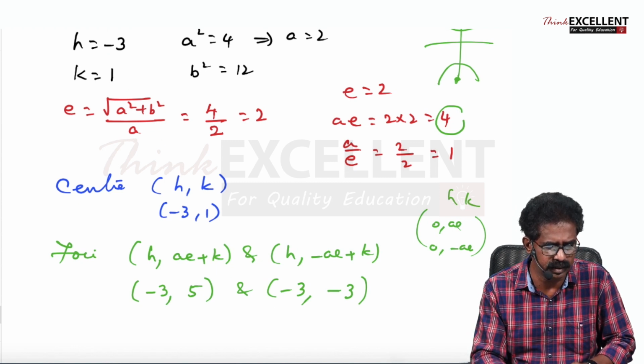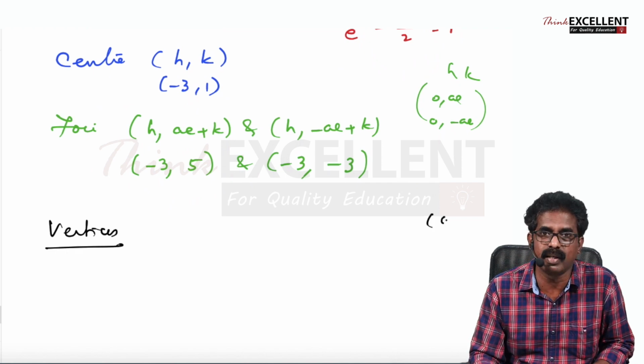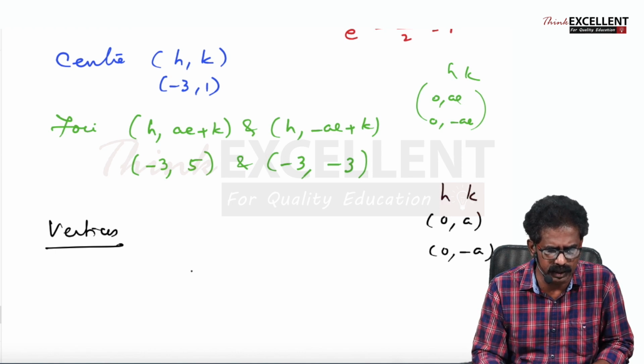Now you find the vertices. Since it is the second type, the actual formula is 0 comma a and 0 comma minus a, but here you have to add h, k. So 0 plus h, a plus k, and h, minus a plus k.